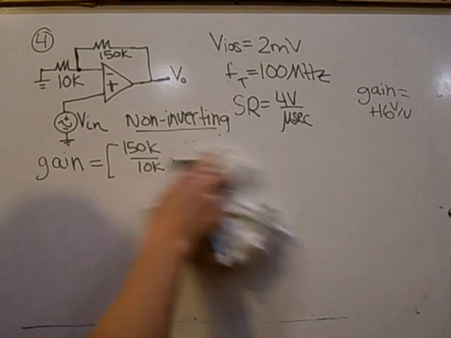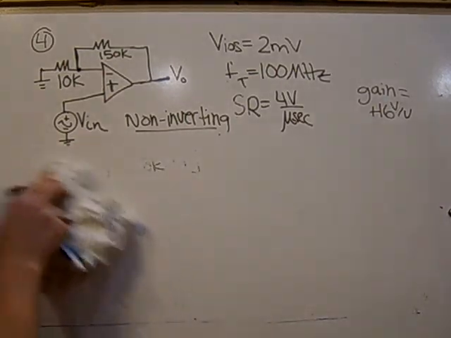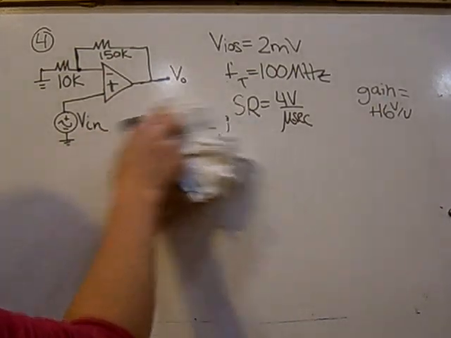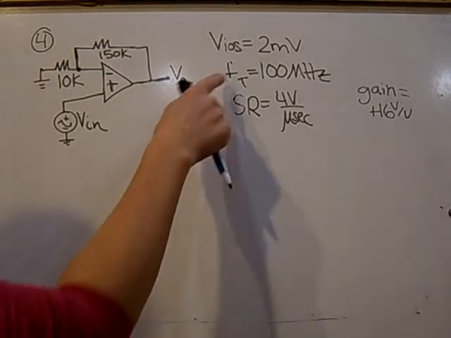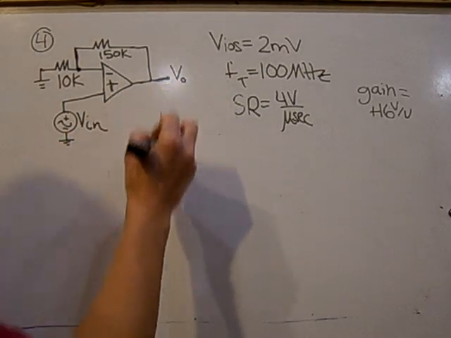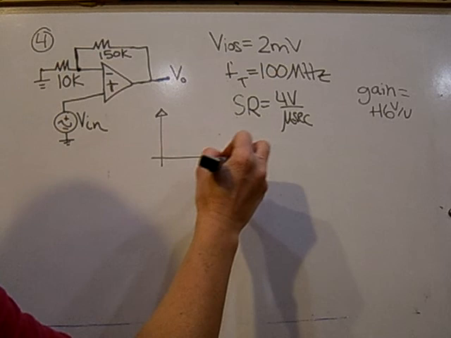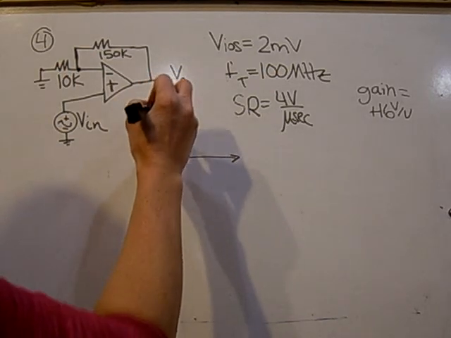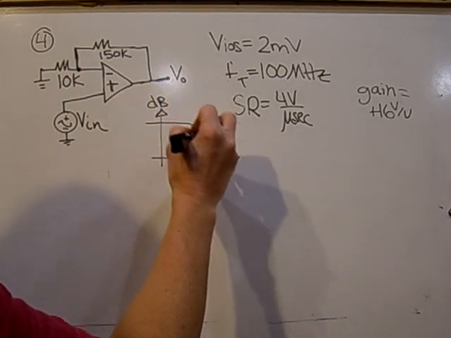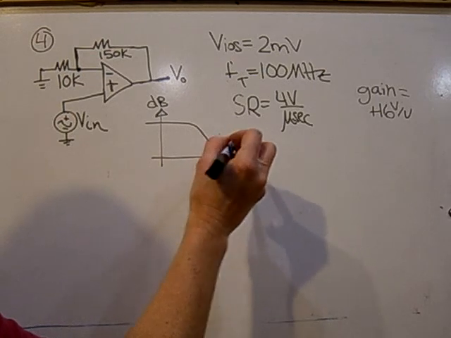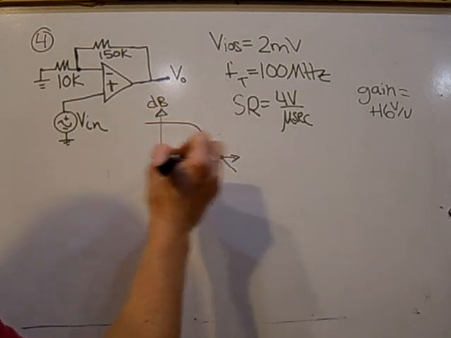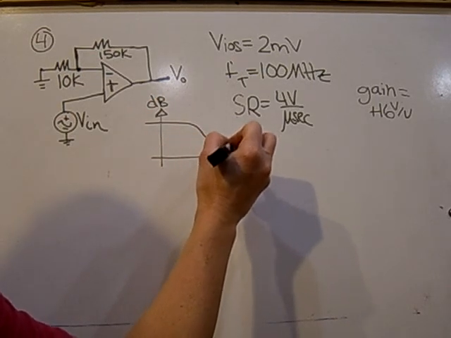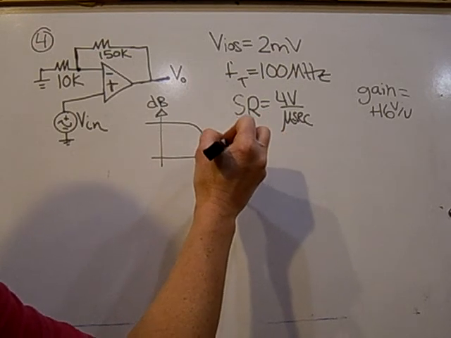So looking at the bandwidth, there are going to be two limiting factors. There's the factor from F of t, the unity gain bandwidth. This point where it intersects the dB axis at 0 dB is 1 volt per volt, therefore unity gain.